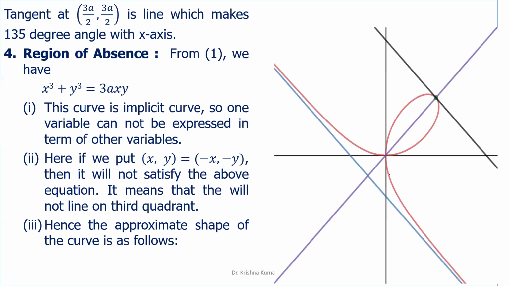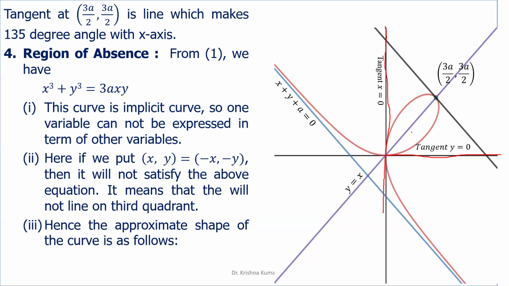Okay, so let us discuss one by one. The first thing: what is the tangent at the origin? The first tangent is y equal to 0. The second tangent is x equal to 0. And we have the special point 3a by 2, 3a by 2.